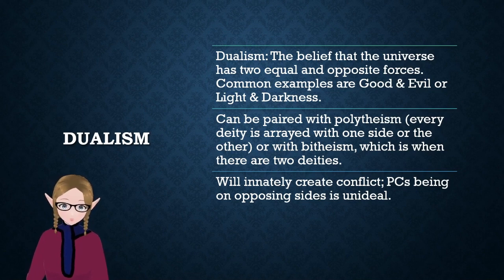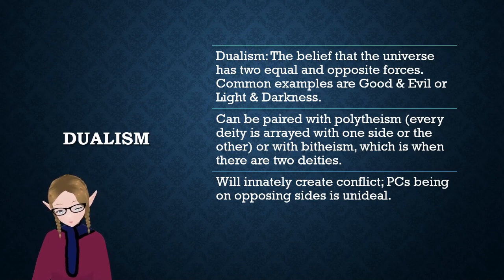Because in dualism, everything is sorted to be either good or evil, if the duality is good and evil, or everything is either light or darkness. And usually, with dualism, one side is considered to be good and true, whereas the other is considered to be innately evil. That's why good and evil is so common in dualistic philosophy.